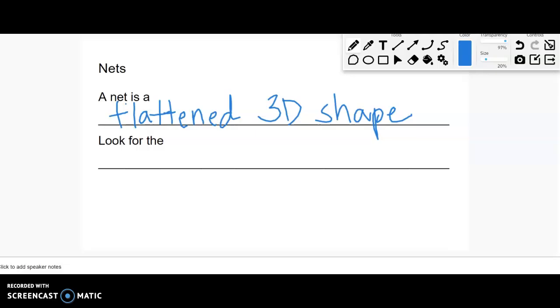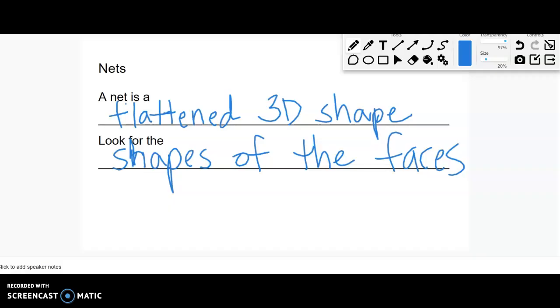If you're having trouble visualizing, look for the shapes of the faces. So think about a cube, for example. Picture a cube in your mind. Think, okay, what are the shapes of the faces? Well, they're all squares, so the net will have 6 squares.